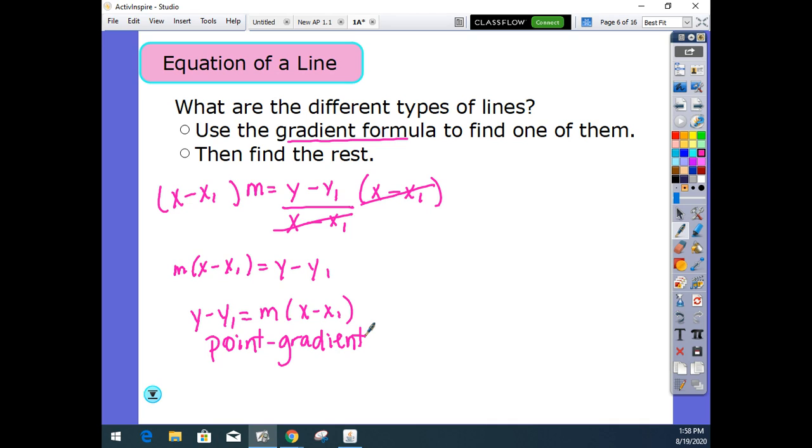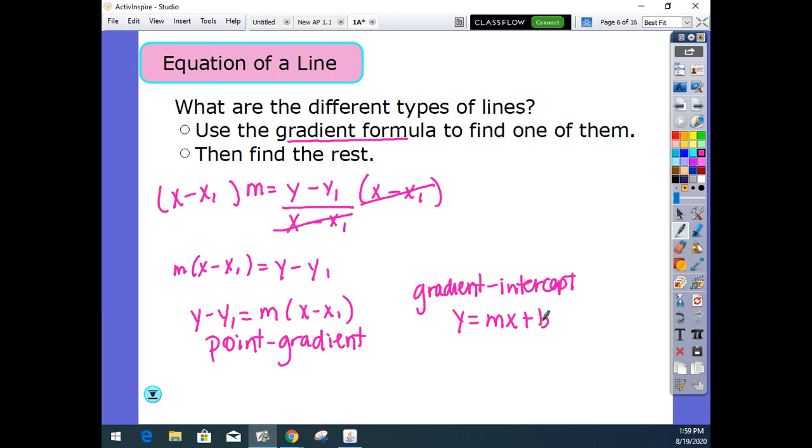All right. What's probably the most common one that you guys know is slope or gradient intercept. And that's your y equals mx plus b.